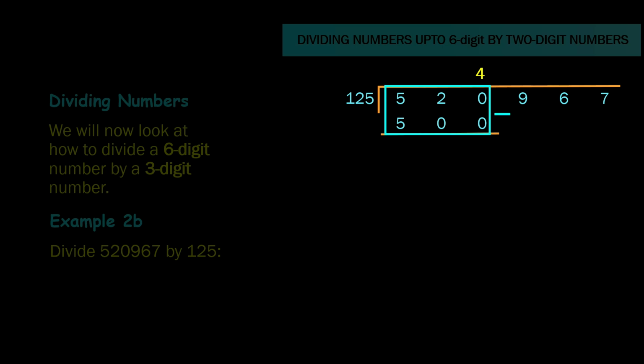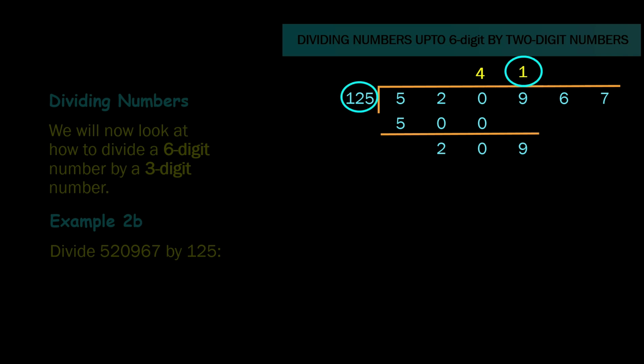Now subtract to give 20. Bring the 9 down. How many 125s are in 209? There is 1, and we position that there.